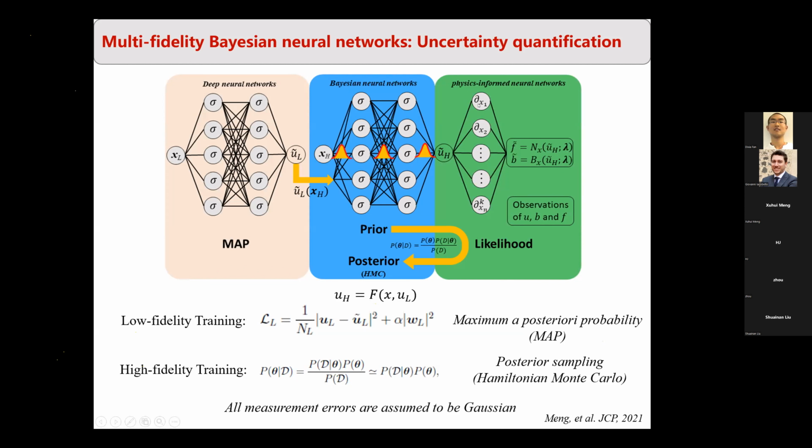If we would like to solve inverse PDE problems, we can also use automatic differentiation to encode the PDE in this neural network. So in this framework, we can handle noisy multi-fidelity data, and also we can provide uncertainty quantification on predictions.